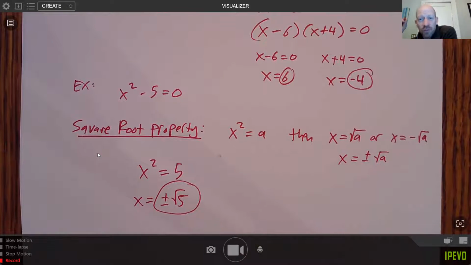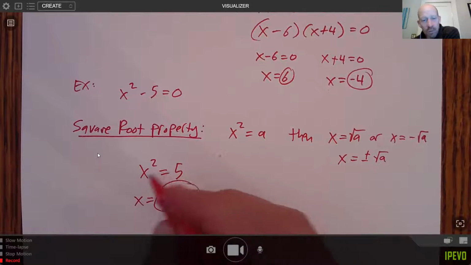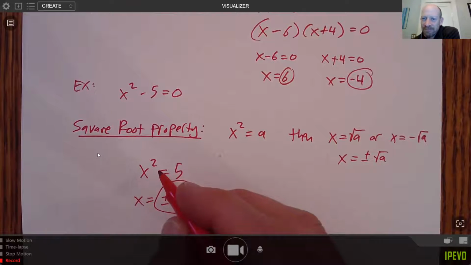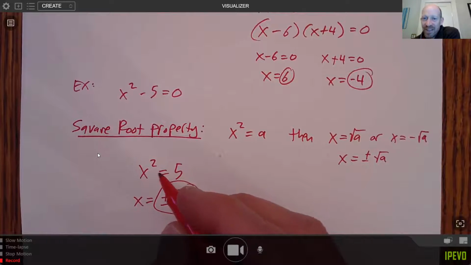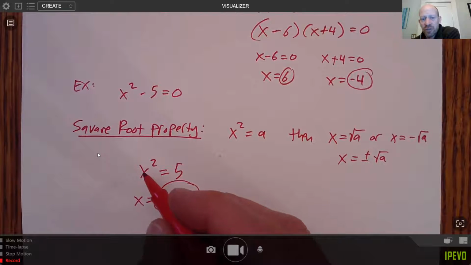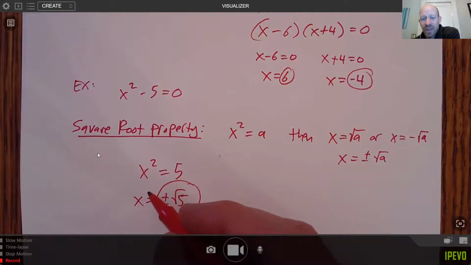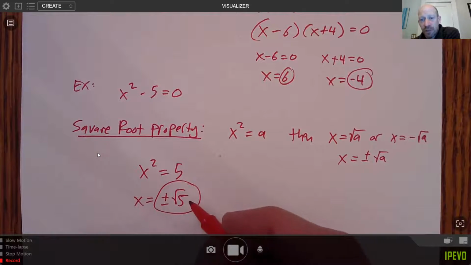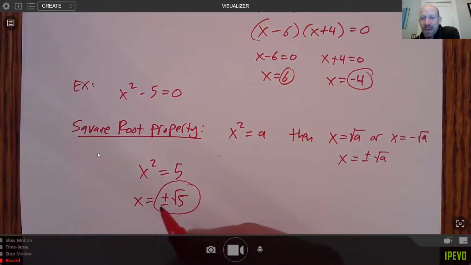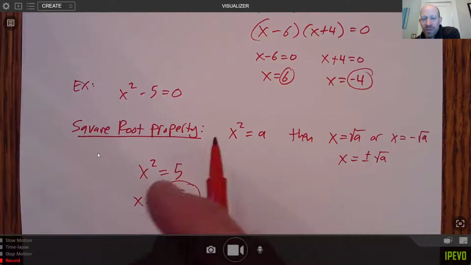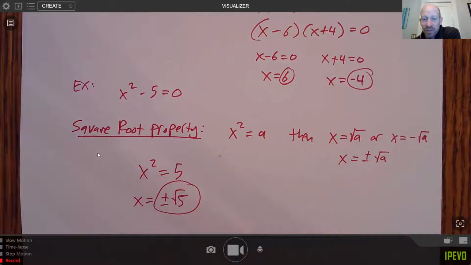A lot of students think that you are taking the square root of both sides. That's not exactly right, because if you just took the square root of both sides, you would get x equals the square root of 5, which is a solution, but you'd miss the negative one. So you just have to remember that you get two of them when you do this, and one's positive and one's negative.